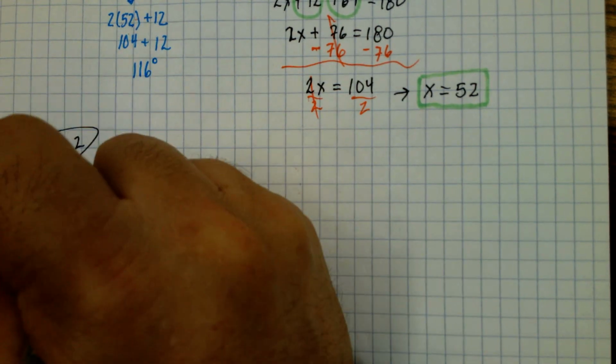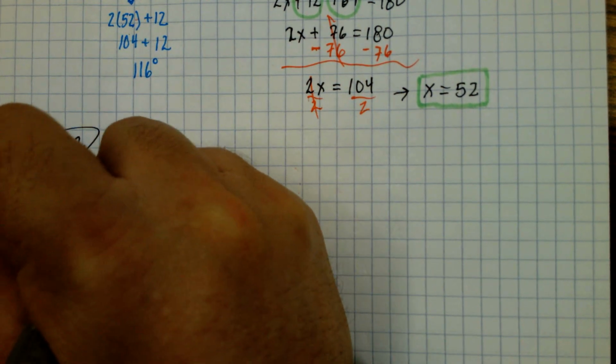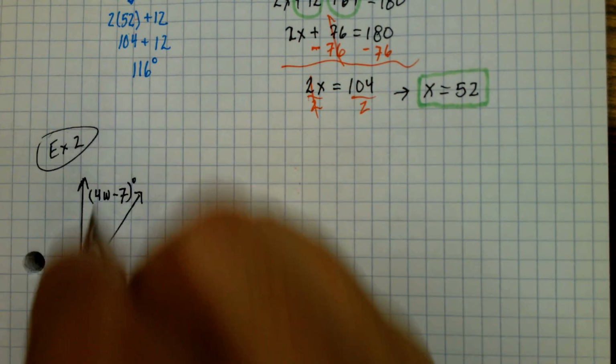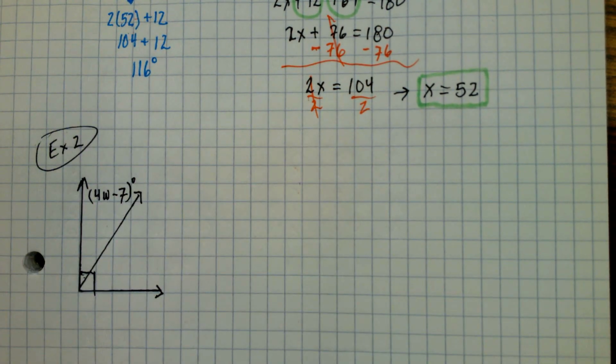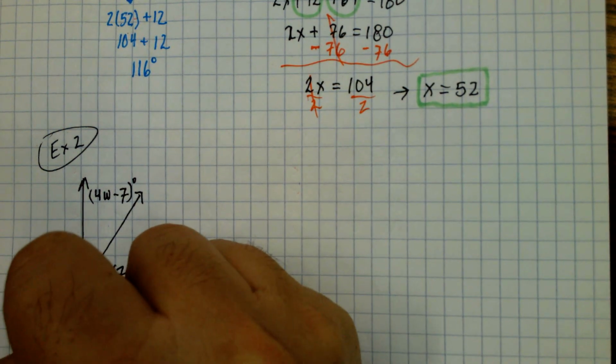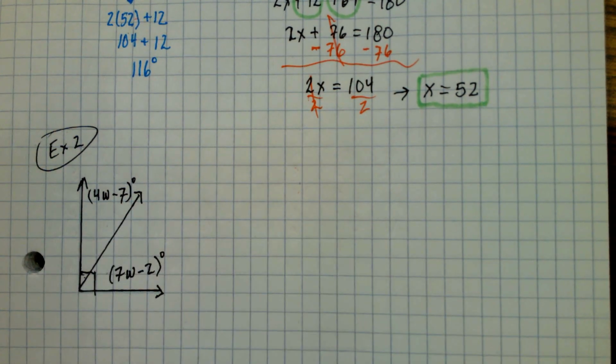Okay. So one of these will be 4w minus 7 degrees. And the other one is 7w minus 2 degrees. Okay. So go ahead and draw that up.